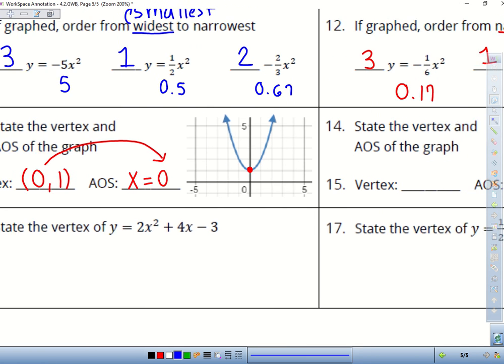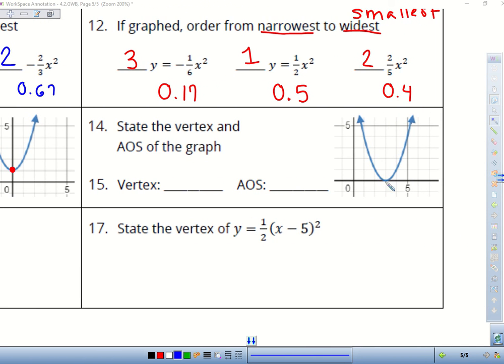All right. What's the vertex of this graph? 3, 0. Which means that your axis of symmetry is 3. Good.